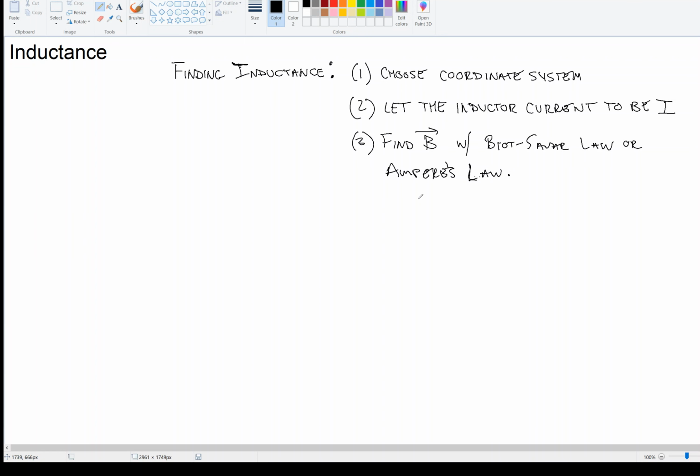and then we can calculate the flux. The flux is the surface integral of B dot dS. So we find the flux, and then to find the inductance we take N times the flux divided by I. Now remember we said that the flux will be proportional to I, so there will be an I implicit in this psi, and so the I divided by I will drop out.